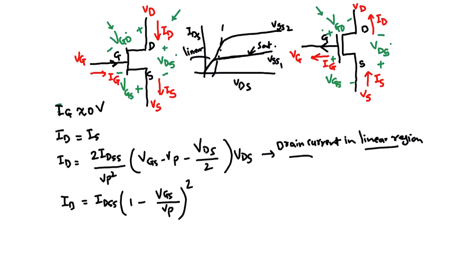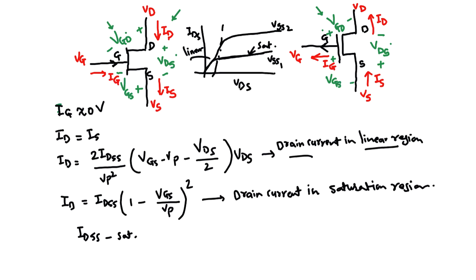So this is the drain current in the saturation region. So what is IDSS? IDSS is the saturation current at 0 gate to source voltage, VGS equal to 0. This is the saturation current when VGS is equal to 0.